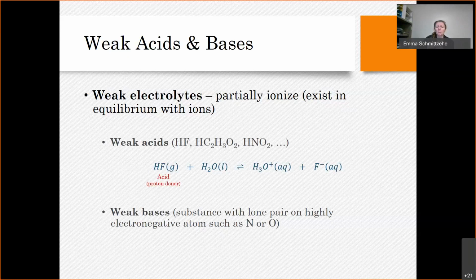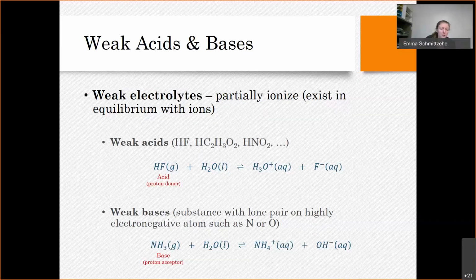But it only partially does that. So within the solution, we actually have lots of HF, and then we have some H3O plus and F minus in a weak acid solution. But if we had a strong acid solution, remember, it completely breaks apart. So that's the big difference: does it break apart completely or just partially?